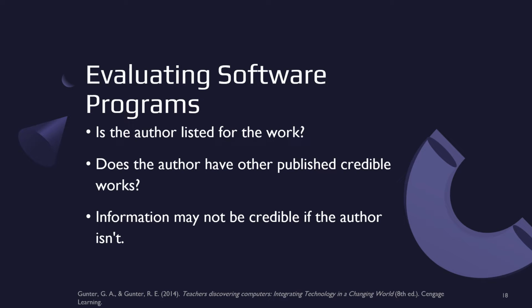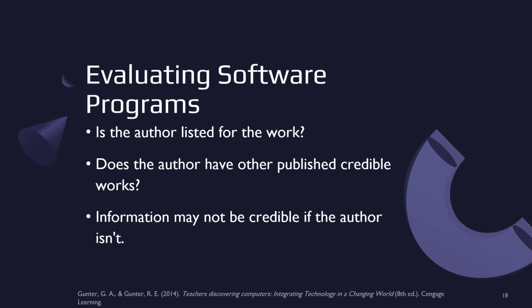Continuing evaluating software programs. The first is the author listed for the work. You must provide the author's first and last name and you must cite the correct information when using the author. Does the author have other published credible works?